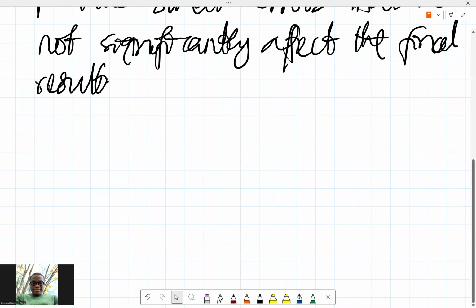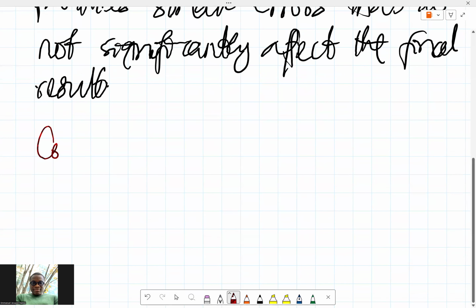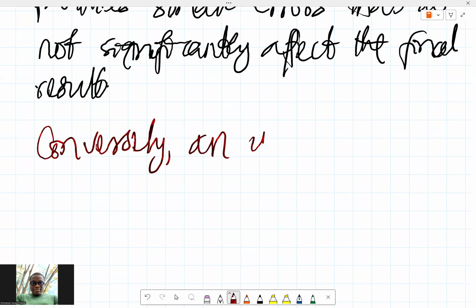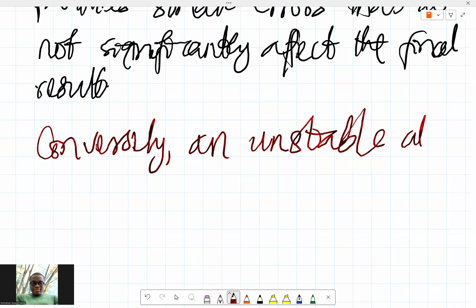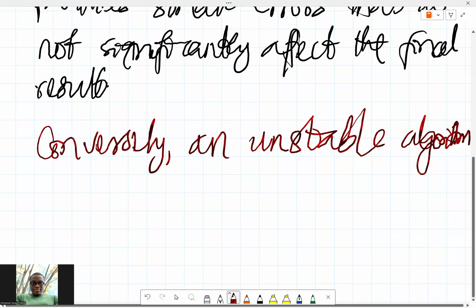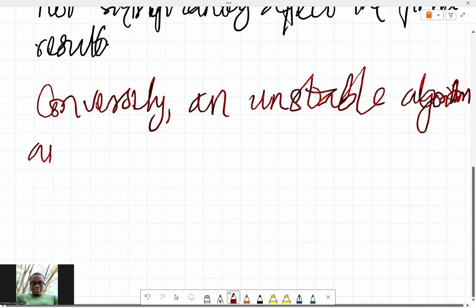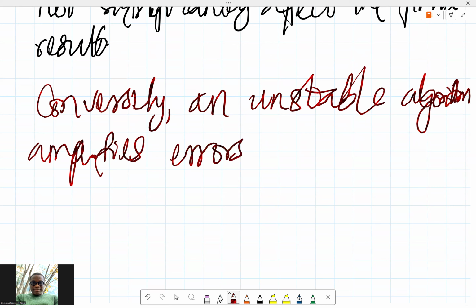Conversely, an unstable algorithm amplifies errors, leading to inaccurate results.